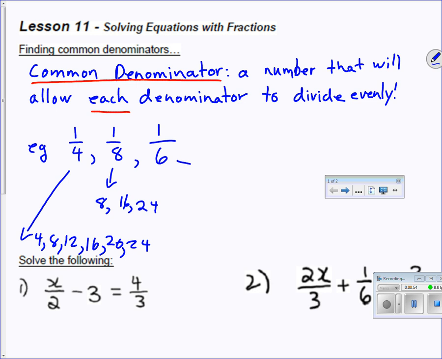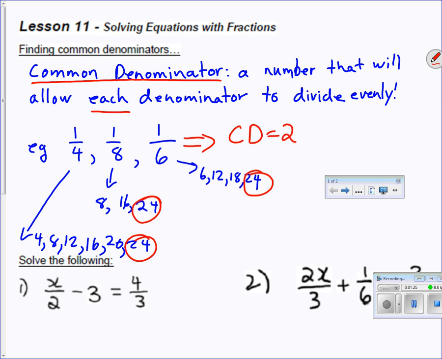For 6, we have 6, 12, 18, 24. And you'll notice that when we look for multiples of 6, 8, and 4, the biggest number that all of them have in common is 24. So that means the common denominator is equal to 24 in this case.